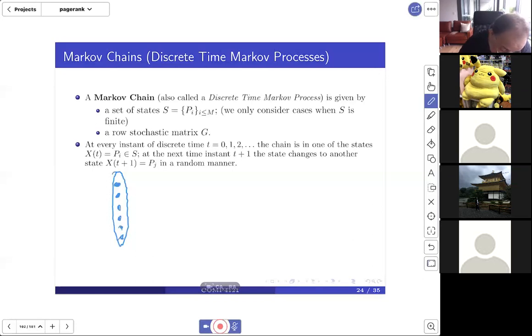Then what happens next, which corresponds to one click, is that the Markov chain from the starting state can switch to another state. Say this is state Si, and here this state is Sj.